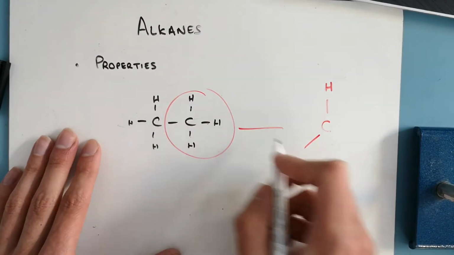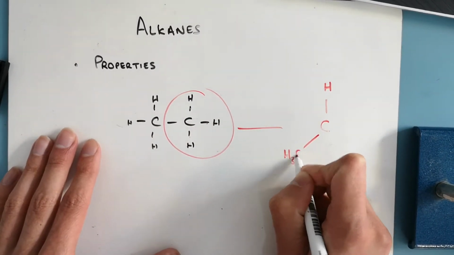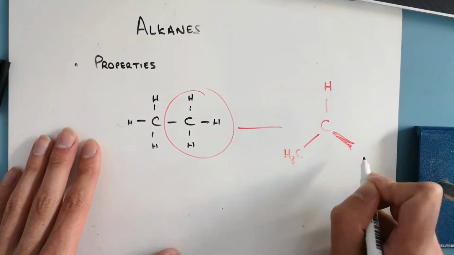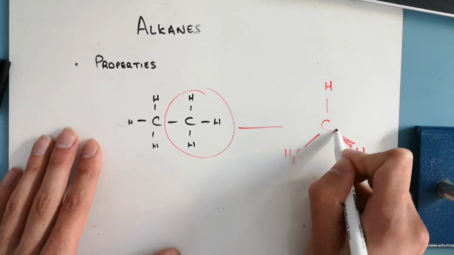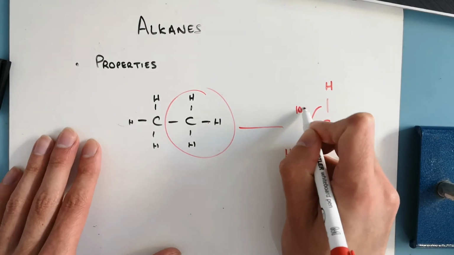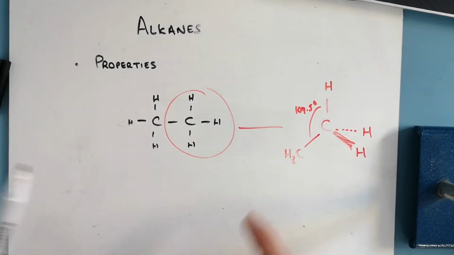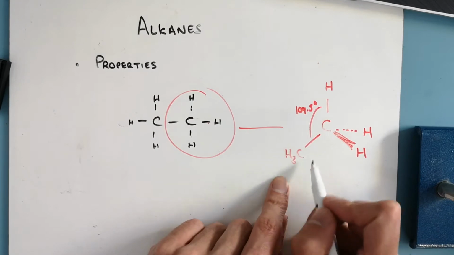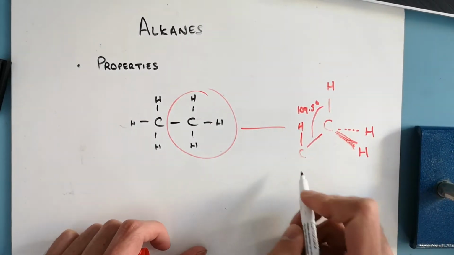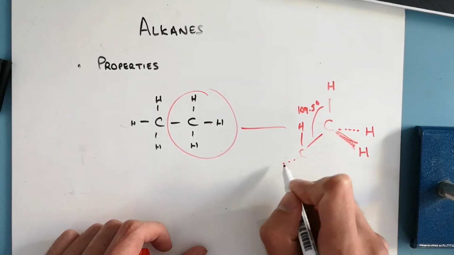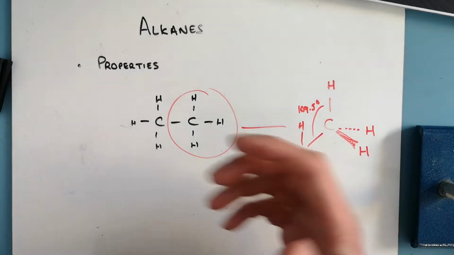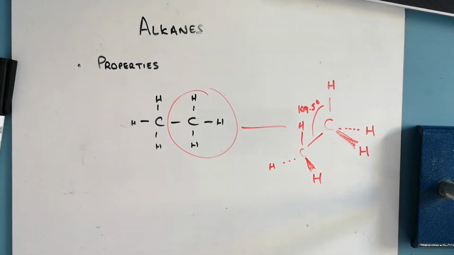I'm going to put my CH3 group coming off that way, then coming out towards me in this 3D structure, I'll have a hydrogen, and then going back I'll have a hydrogen as well, with a bond angle of 109.5 degrees. So this is what it would look like. Obviously this CH3 as well would be tetrahedral in structure, so that would have an H going up. So it would look like that as well. So it's got a 3D structure.